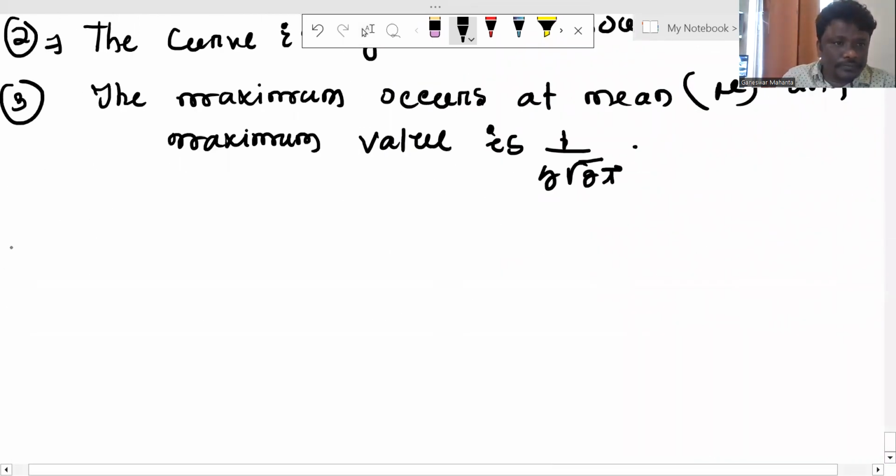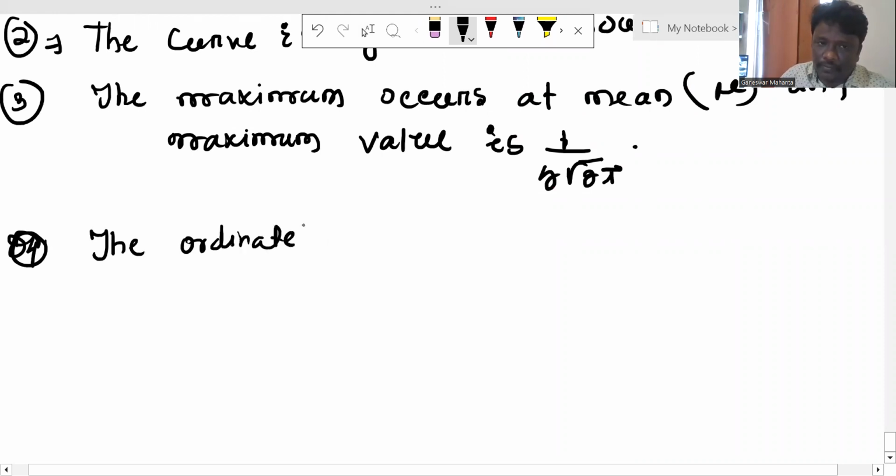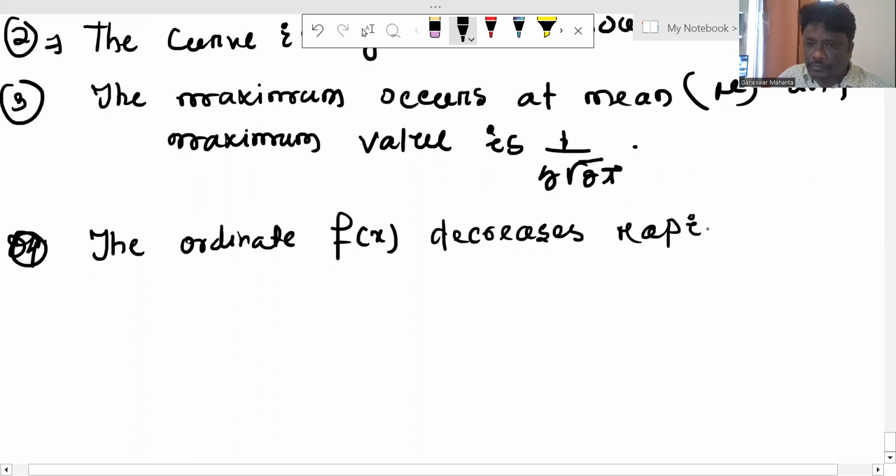Point 4 is that the ordinate f(x) decreases rapidly as x tends to plus or minus infinity.